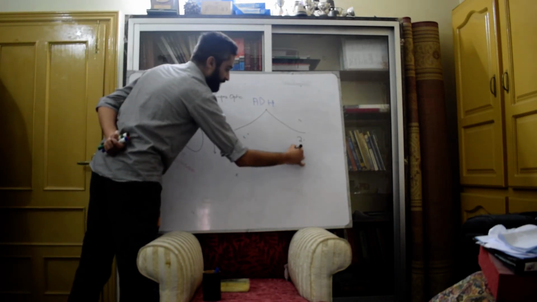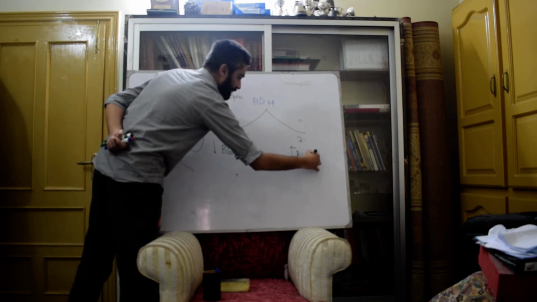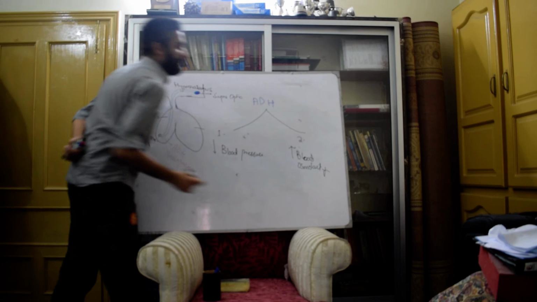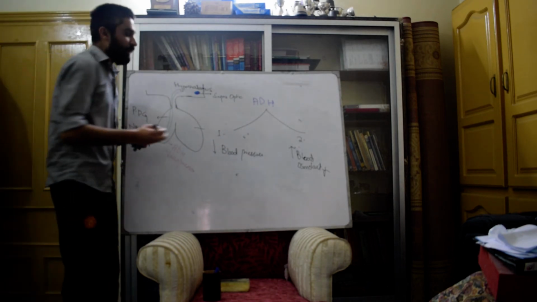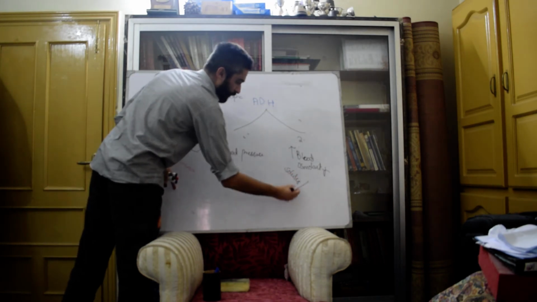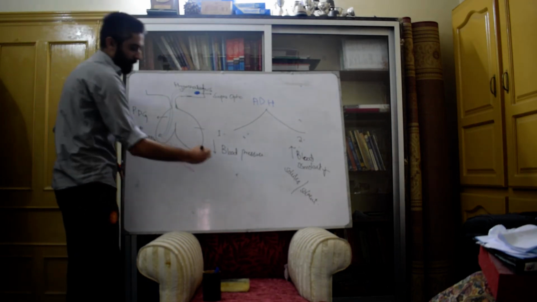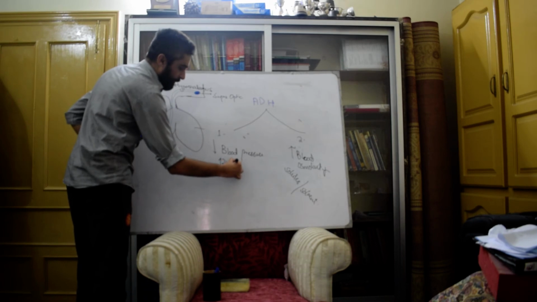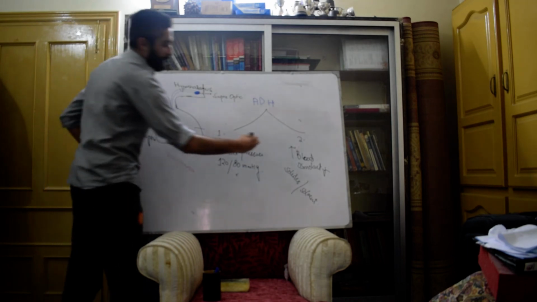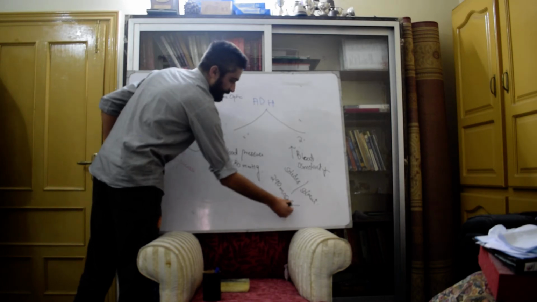Number two, whenever there is increased blood osmolarity. What is osmolarity? The ratio between solutes and solvent. As you all know, the normal blood pressure is 120 by 80 mm of Hg, and the normal blood osmolarity is 290 milliosmol per liter.